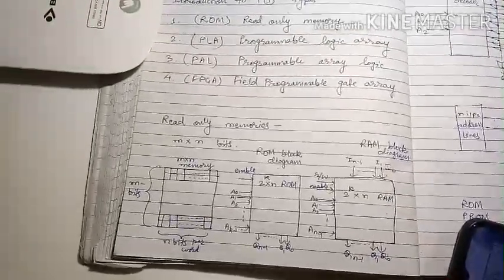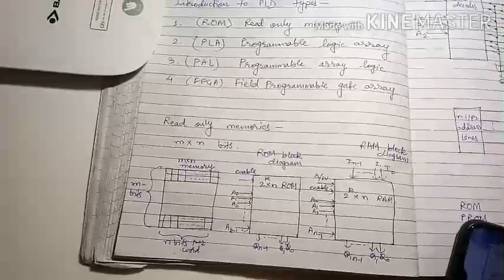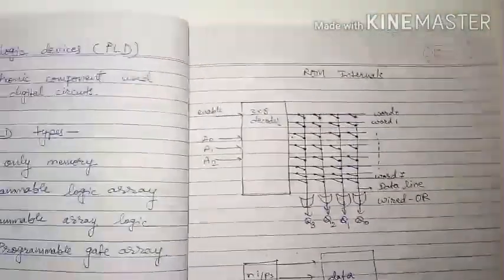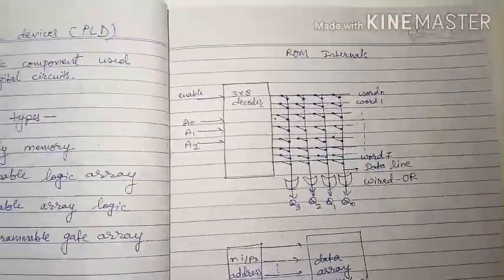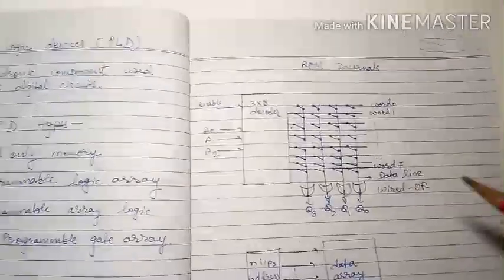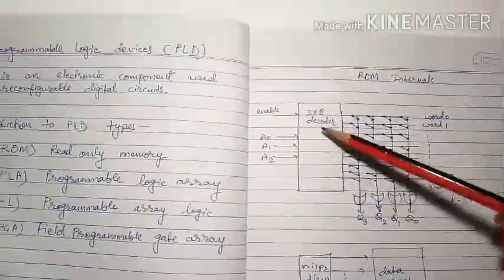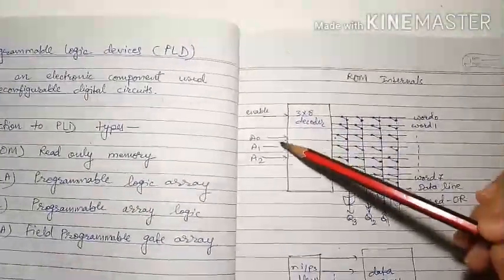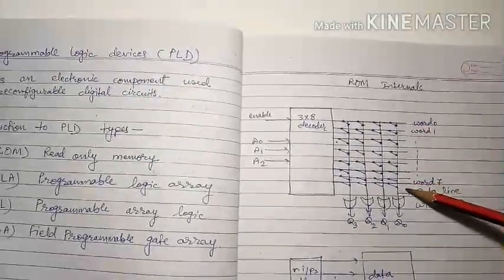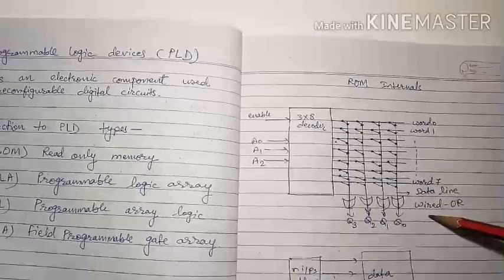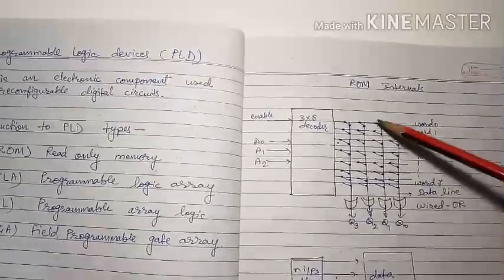Now we will see what is there in the ROM circuit. So see, this is the ROM internal circuit. As we have already said that it needs a decoder, we have used here a 3 to 8 decoder. It means 3 input lines and 8 output lines. These are wired OR circuits. These are data lines.